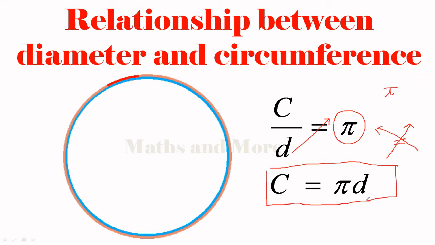In a circle, how to find the diameter? You can find the diameter if you fold the circle into two equal parts. That folding line is the diameter.